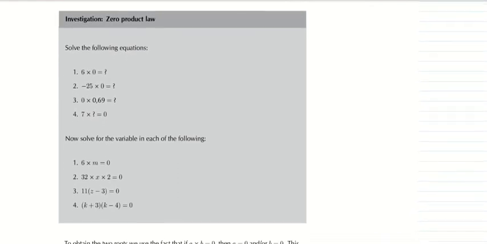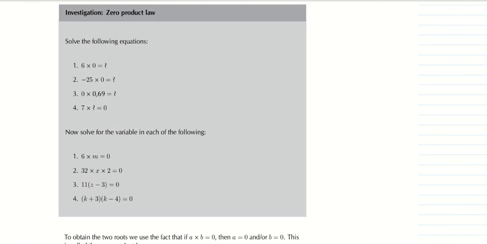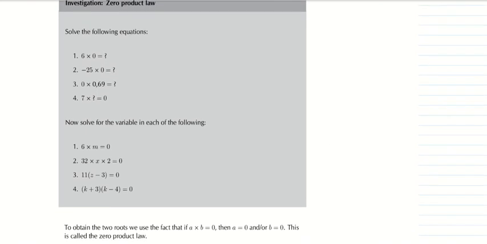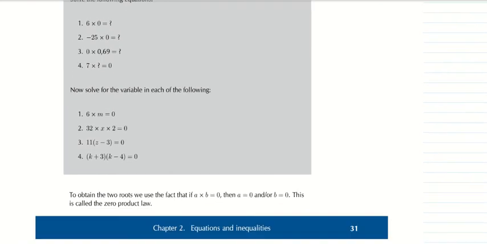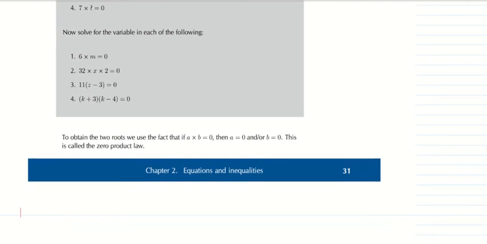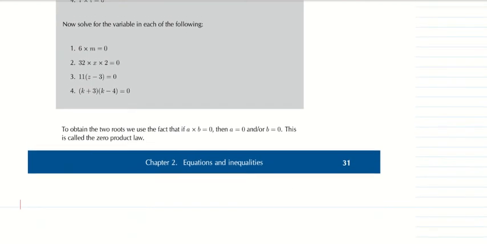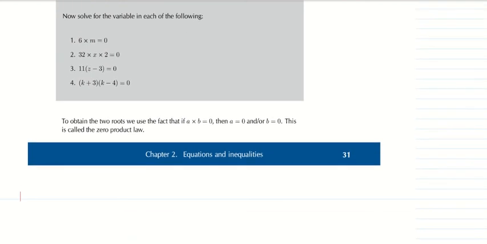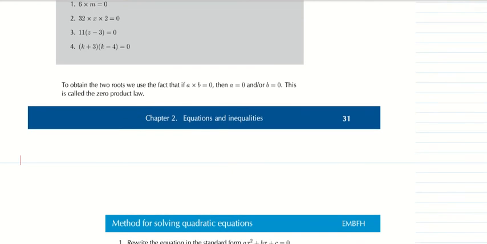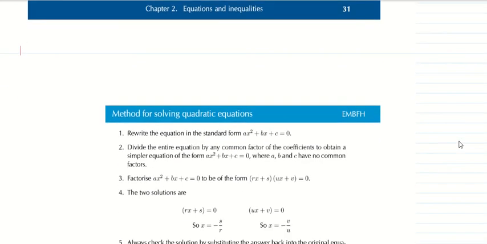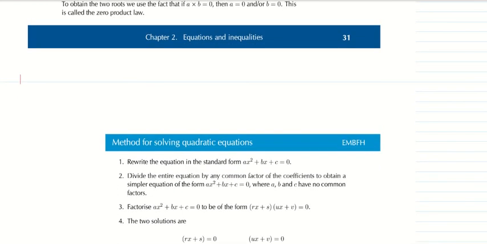Make sure you go through the zero product law. Anything times 0 will always be equal to 0. And then how to solve. This is recapping of grade 10, 9, 8 work. So this is simply to get you in the motion of solving inequalities and equations.